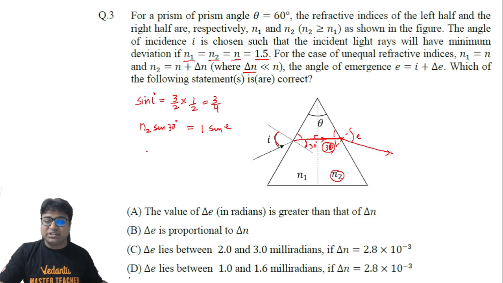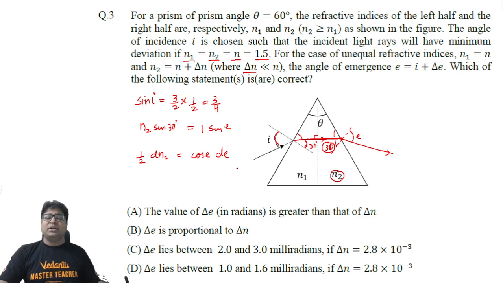Okay. Now we are changing the value of N2 by a small amount, and that is causing a change in the value of E. So let's differentiate this equation. So sine 30 will remain fixed because this angle never changes, it remains 30 only. So it will become half into dn2 is equal to cos E into dE. Okay, and what is the value of E right now?